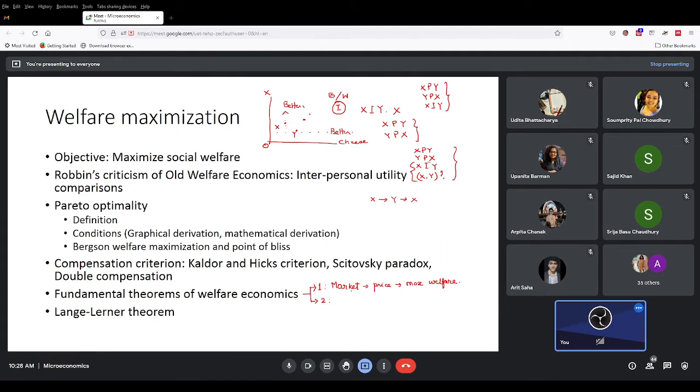So in other words, depending on the initial inequalities, you might end up in a situation where you maximize welfare, but the equilibrium is highly inequitable. So you have inequity. What to do in that case? And the second fundamental theorem shows that don't worry, there's no need for government intervention. You can still simultaneously ensure that you maximize welfare and the solution is equitable.